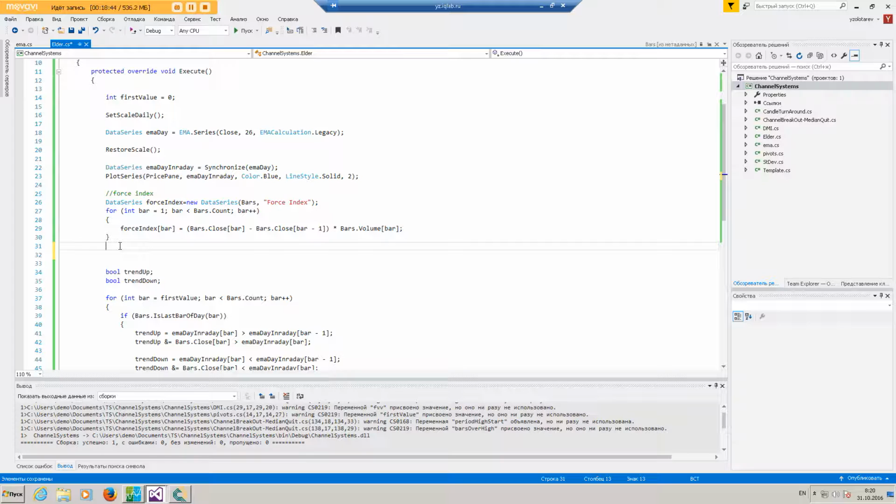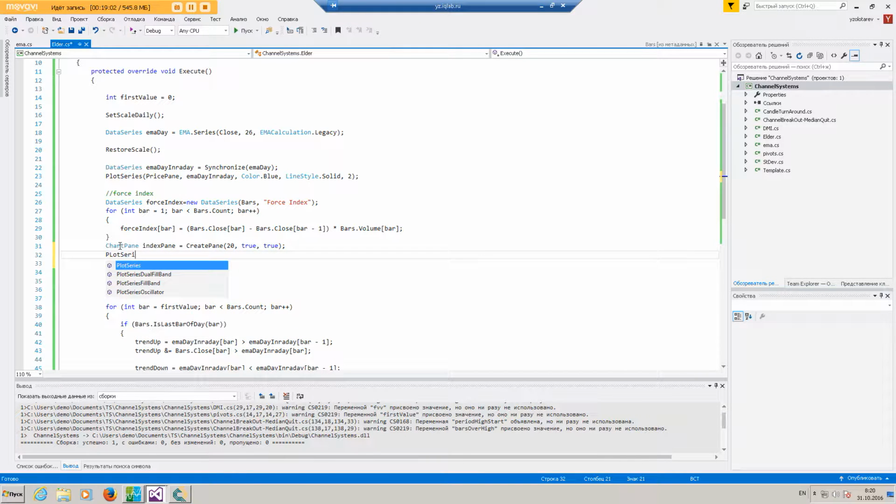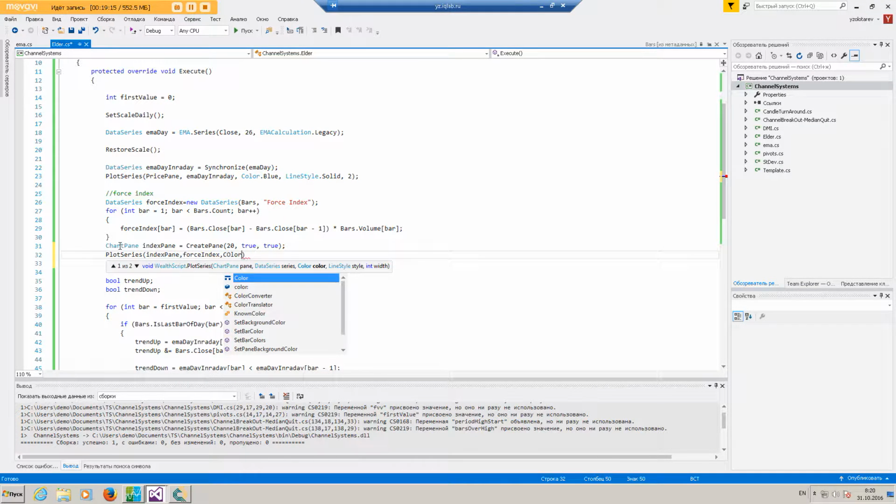Well, we can now plot it. Chart pane, and index pane equals create pane, 20 above price pane, yes, and grid, yes, and plot a series, force index, index pane, force index, color red, line style solid 2.